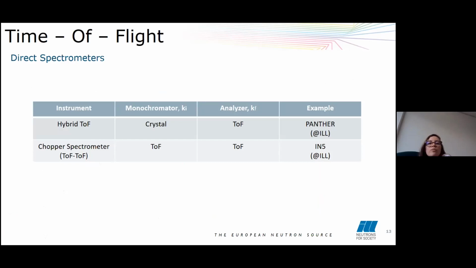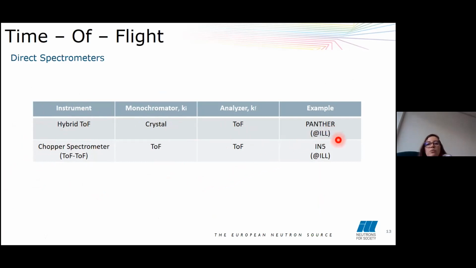So depending on the monochromatization technique, the direct instruments here can be classified as hybrid or chopper spectrometers. So in the first case, the monochromator is a crystal and the analyzer works under time of flight. And in the second case, both monochromator and analyzer apply time of flight.